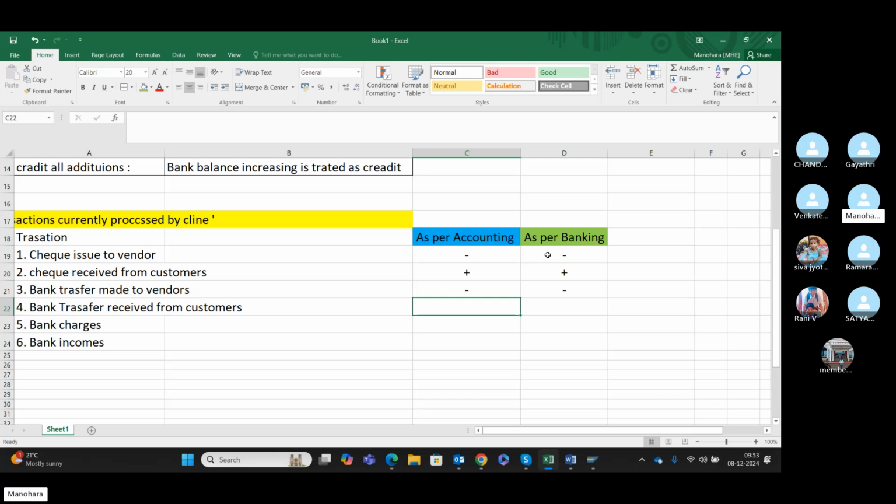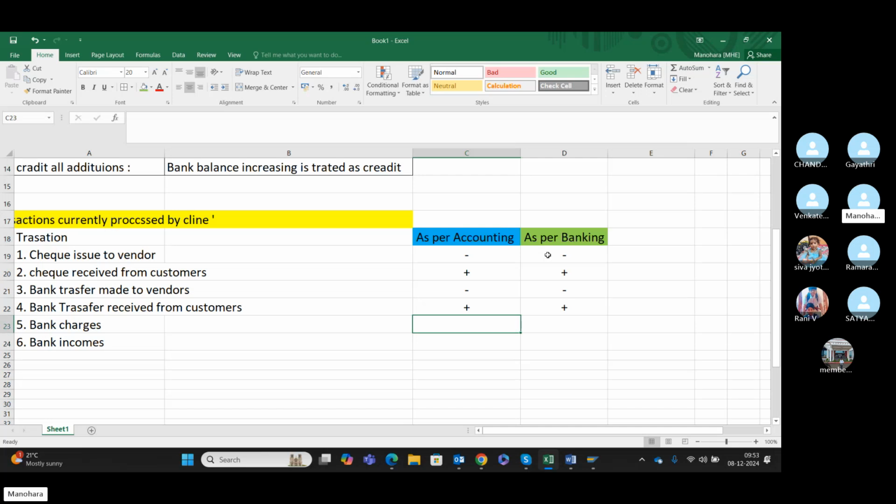And bank transfer received from customer, this is an increase, right? If you are receiving any bank transfer from your customer, your bank balance will rise, right? Increase, right? Is the minus and plus understood, right? As per banking and accounting.